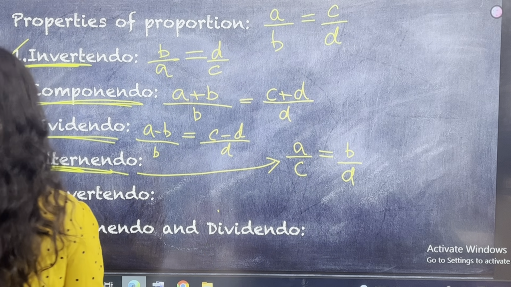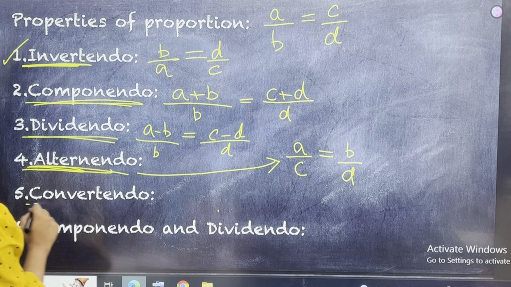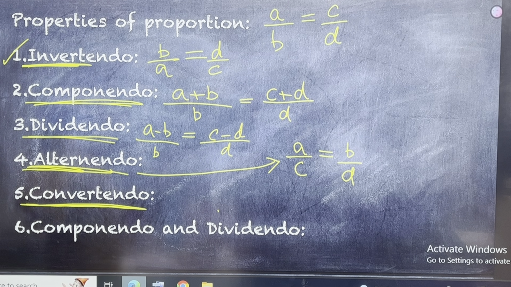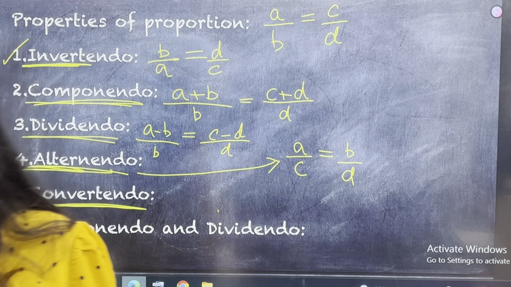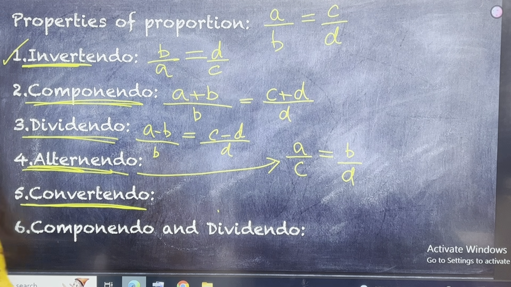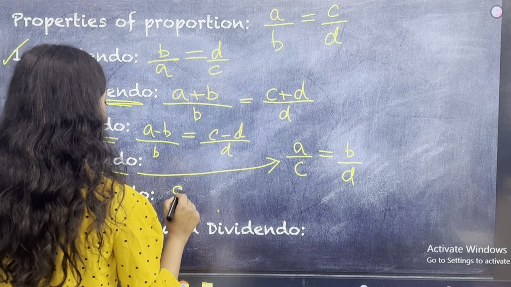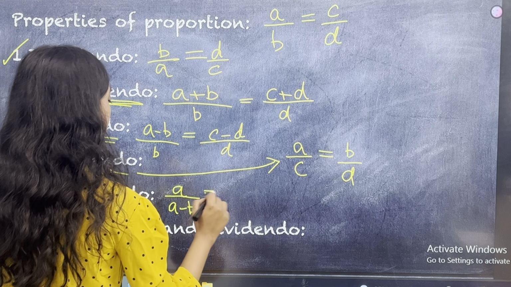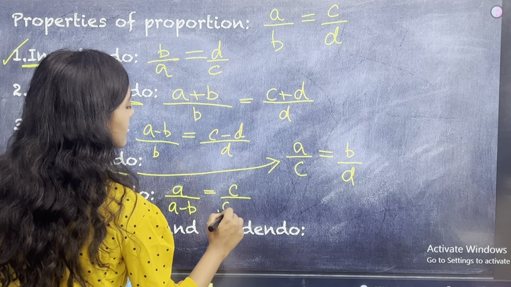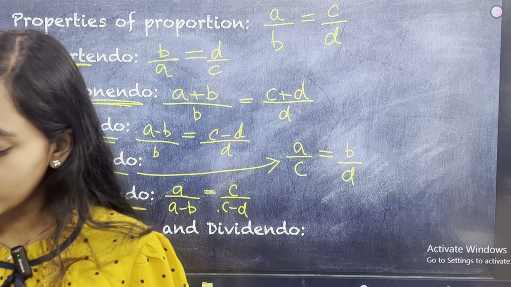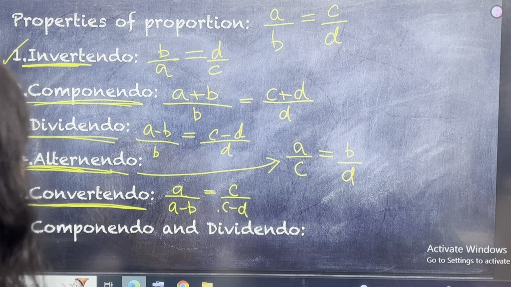Next, convertendo. Is this something you are not familiar with? Convertendo basically means A by A minus B is equal to C by C minus D. Does this seem slightly familiar but yet so different?